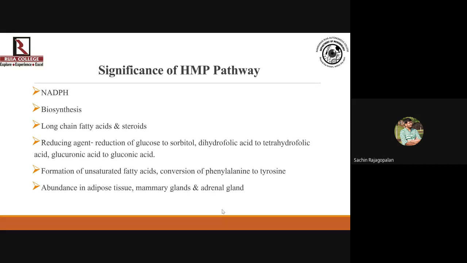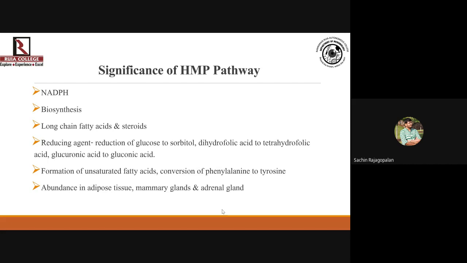So if you talk about long chain fatty acid synthesis or steroid synthesis, long chain fatty acid synthesis is something that you will learn in the next semester in Sem 6. That time also you will see that NADPH has a very, very important role, because to synthesize some very important lipids, we require NADPH as a reducing agent.